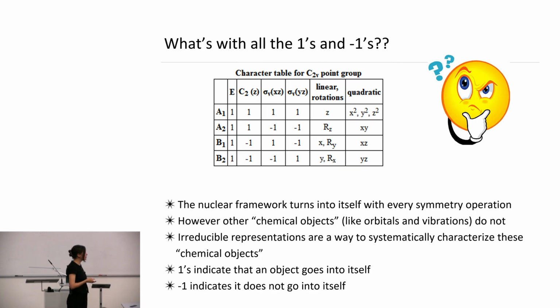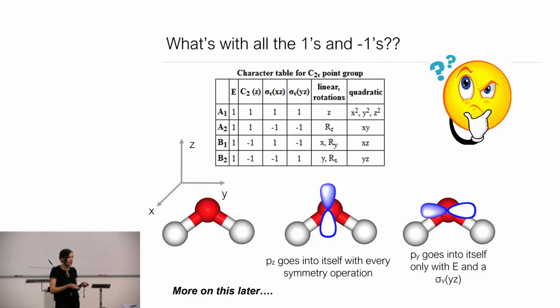And so I personally always find this easiest to do with p orbitals as a start. That's something that we chemists have a clear picture of: how the p orbital is going to look at the center of our molecule. And so what you can kind of intuitively see is if I take water, which has a C2V point group, and I look at the character table, so let's just pretend I looked this up in Cotton, I would see that if I actually do a C2 axis of rotation, the PZ orbital goes into itself.